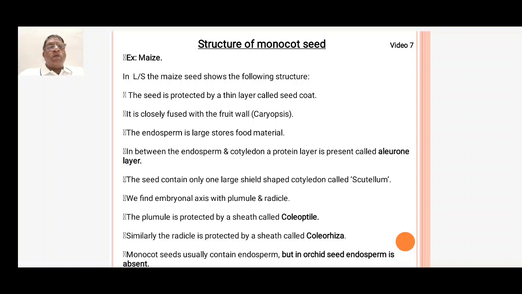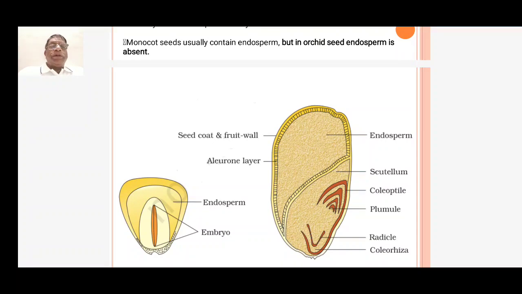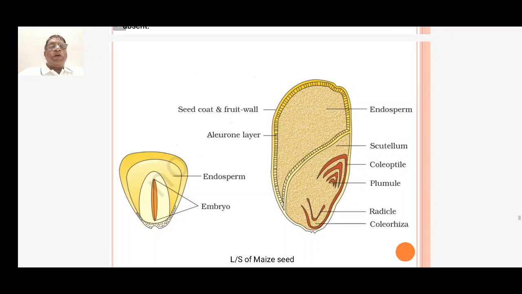See the diagram now. Endosperm is there in the first diagram. Then the embryo is visible. In the LS, you can see the seed coat and the fruit wall. The fruit wall is the outermost layer. The next one is the seed coat. Next to this we come across the aleurone layer, a single layer.